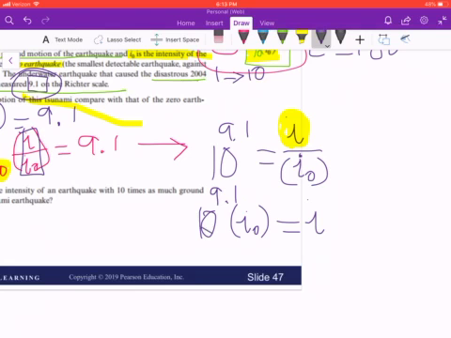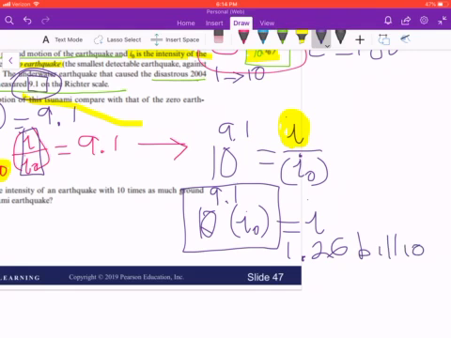So to answer the question, we could say that the intensity of that earthquake was 10 to the power 9.1 times more intense than a zero earthquake. Now, 10 to the power 9.1 is approximately 1.26 billion.